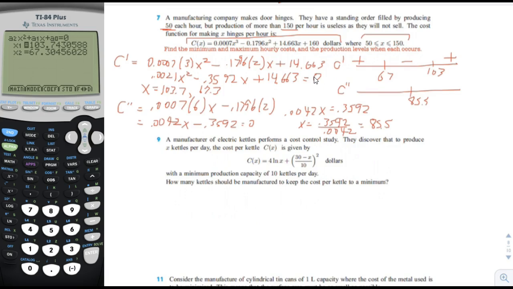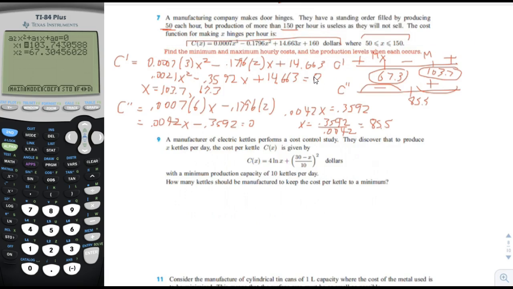For big positive numbers, we're going to have positive, and big negative numbers, we're going to have negative. So you can see that the 67.3 is going to be a maximum, because it's concave down at that point. So this is a maximum. And the 103.7 is going to be a minimum, because it's concave up. So that one's going to be a minimum.